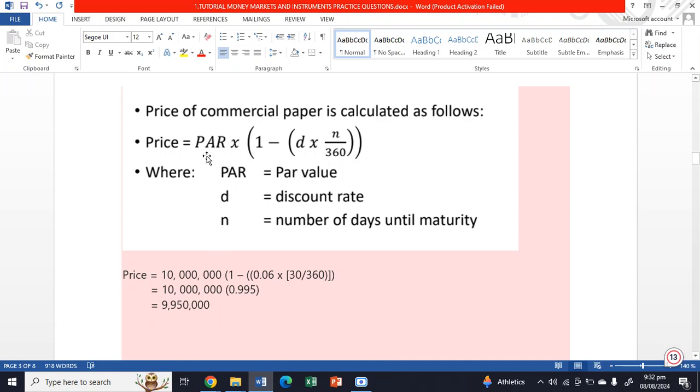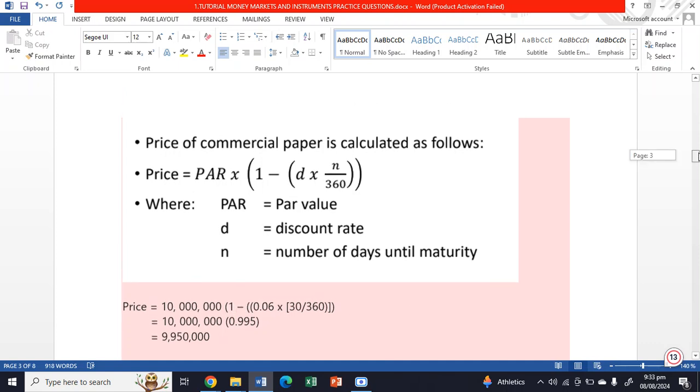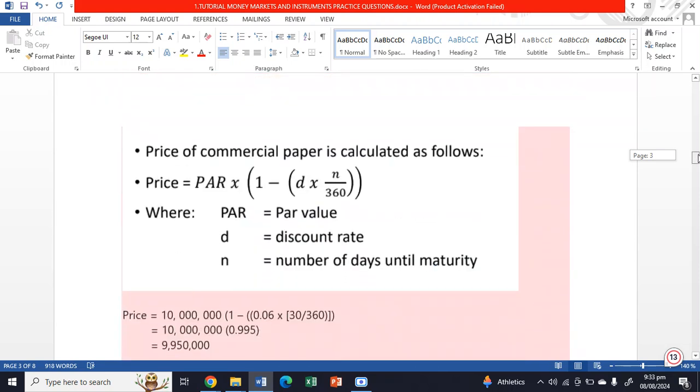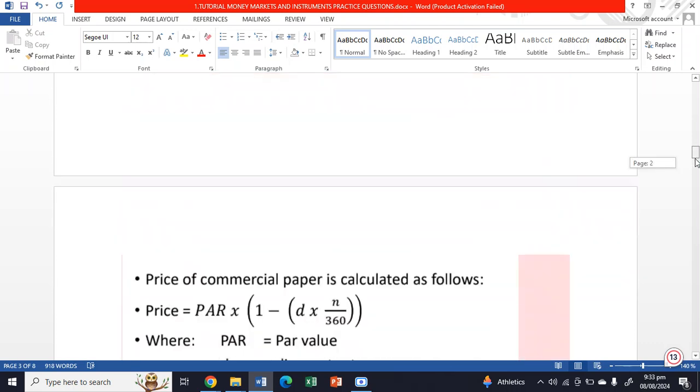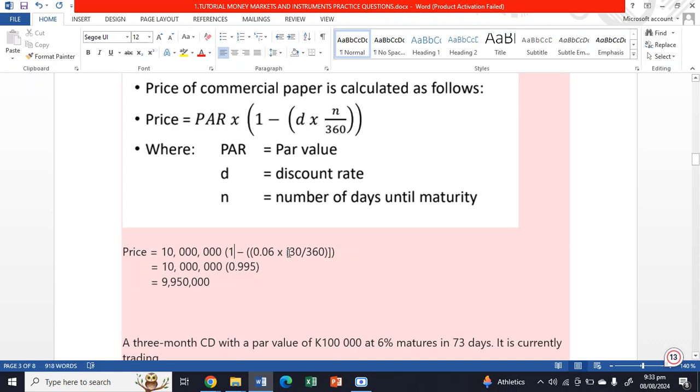The par value is 10 million, right? Then the discount rate is 6%. Number of days till maturity, 30 days. It's a 30-day commercial paper. So you're going to say 10 million, open brackets, 1 minus 0.06 times 30 over 360.